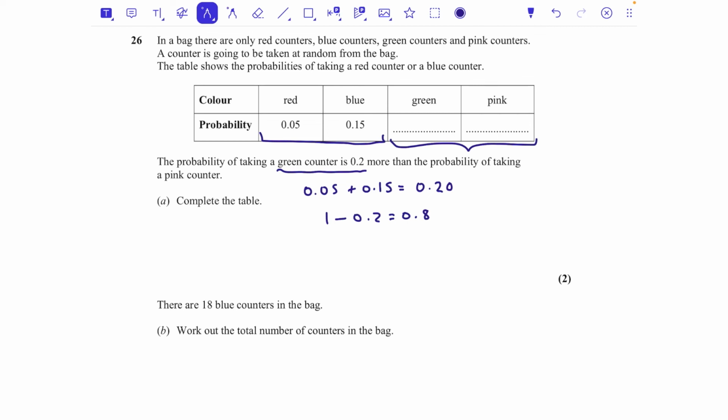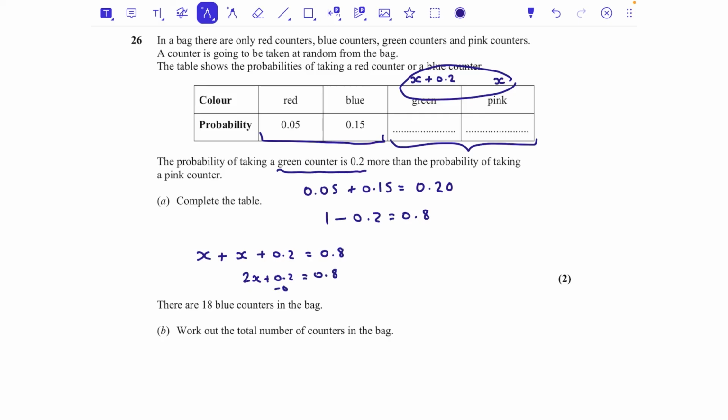Now the way I like to do that is to say that, well, if x is pink, then green is x add 0.2. And then together we know they need to make 0.8. So I'm going to write x add 0.2. So both of those things added together needs to equal 0.8, which is 2x add 0.2 is 0.8.